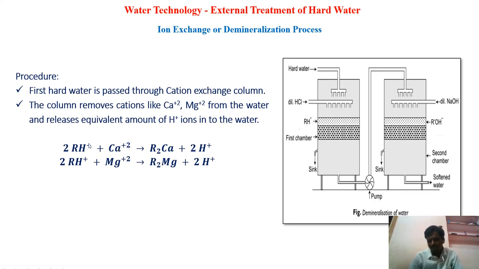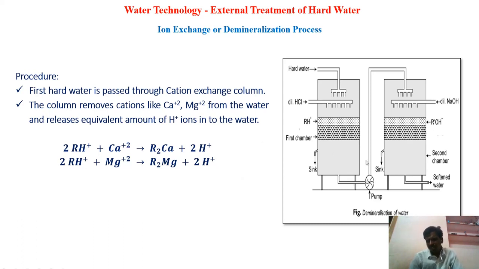H plus ions are given out and R2 Ca 2+ or R2 Mg 2+ is formed. That means all the calcium and magnesium is absorbed on the resin, and the H plus ions come out. So the water coming through this outlet is slightly acidic in nature.